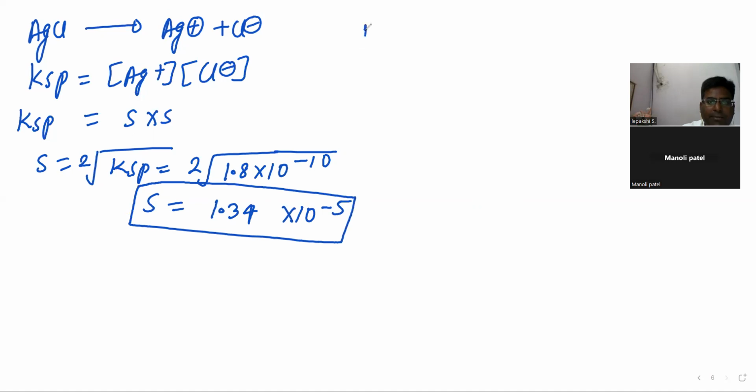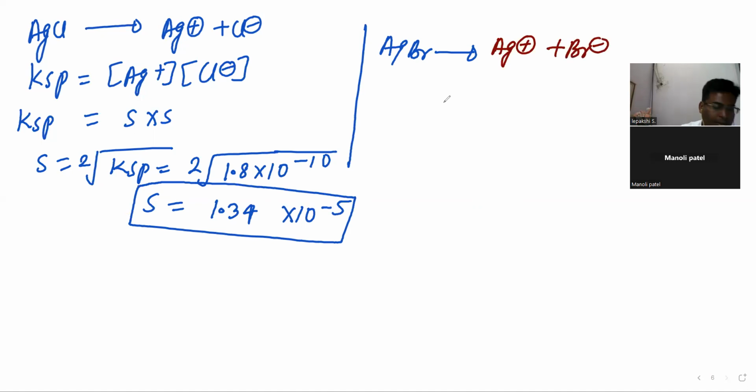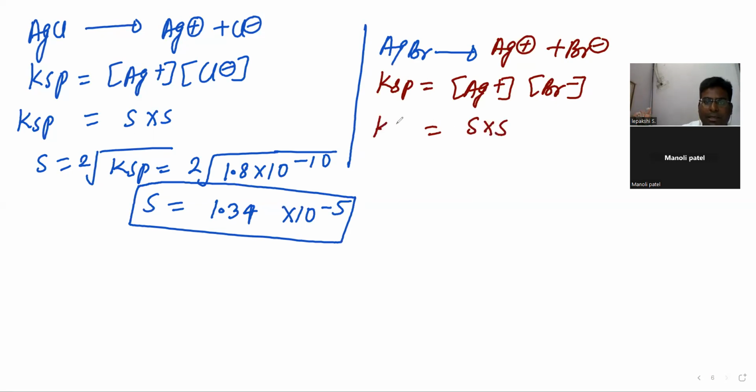Now see the next one, AgBr, silver bromide. It gives Ag+ and Br-. The solubility product is the concentration of Ag+ times the concentration of Br-, so S × S = Ksp, and S is the square root of Ksp.